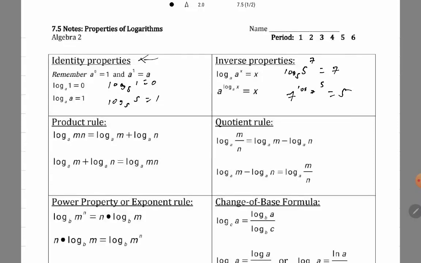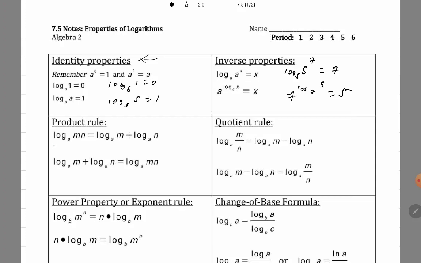Product rule. Log base a of mn equals log base a of m plus log base a of n. So basically, if you have two numbers being multiplied together, you can split them into two logs and use the addition sign.